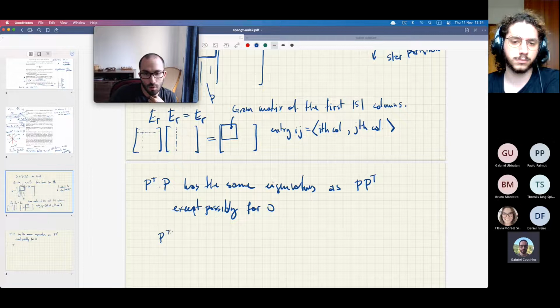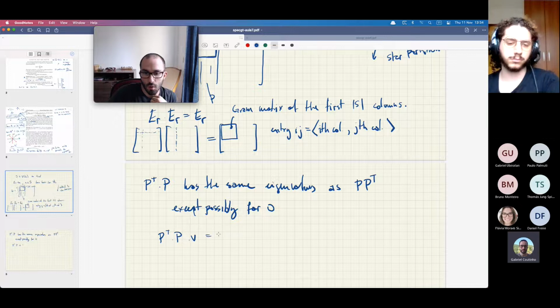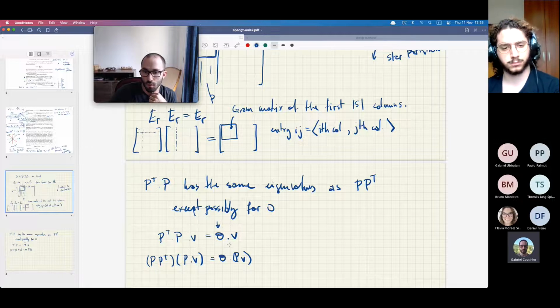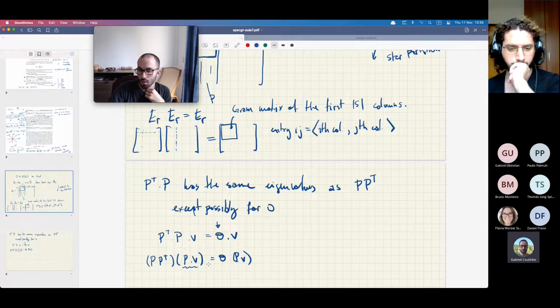Well, if I get P transpose times P times V equal to theta times V, then PP transpose times PV is equal to theta times PV. So as long as PV is not 0, I get that theta is also an eigenvalue for this matrix, and vice versa.